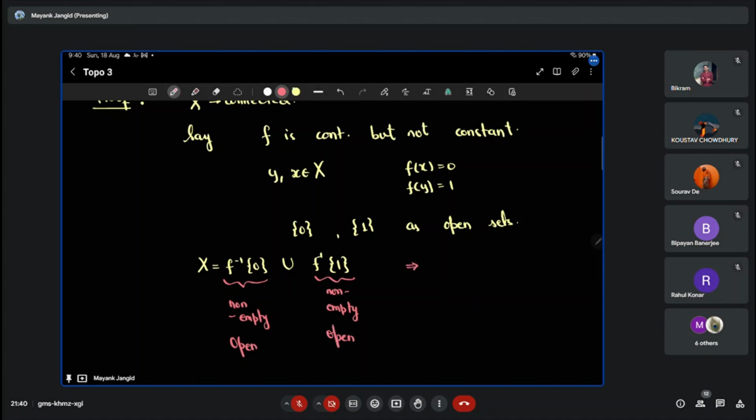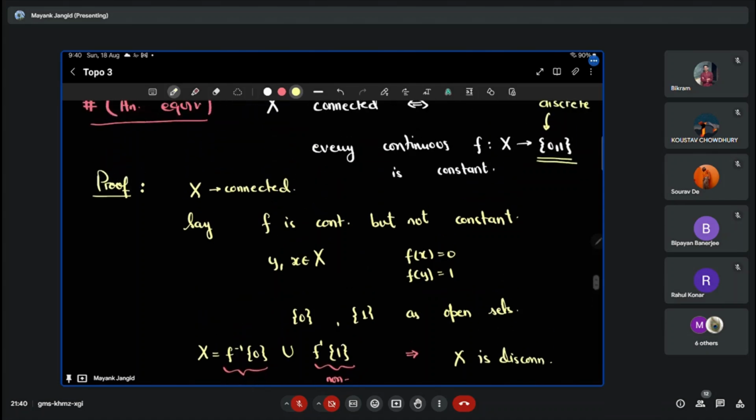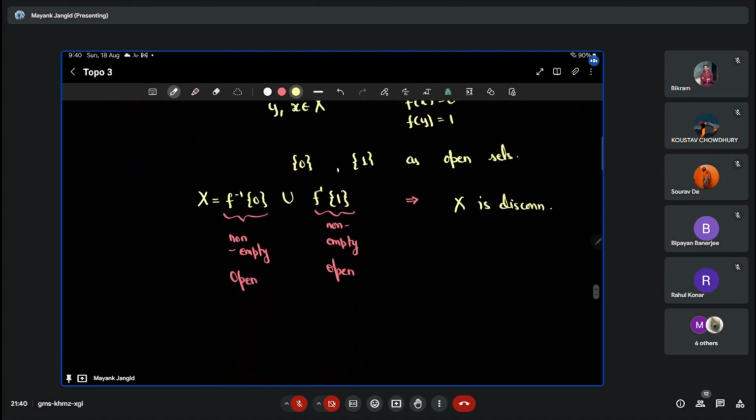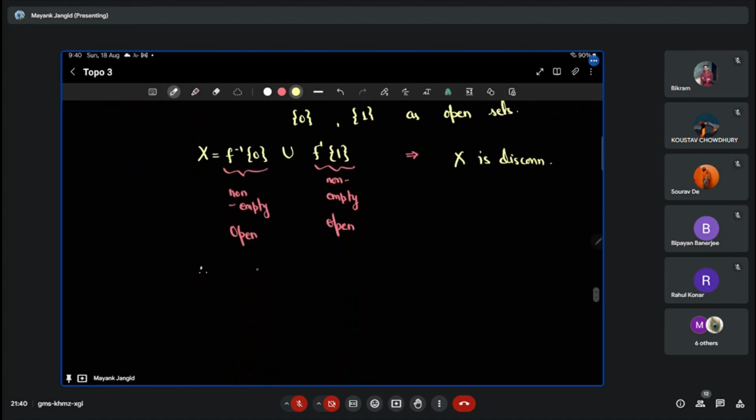Therefore, X is disconnected. This is a contradiction. Therefore, any continuous F from X to 0, 1 with the discrete topology is constant.